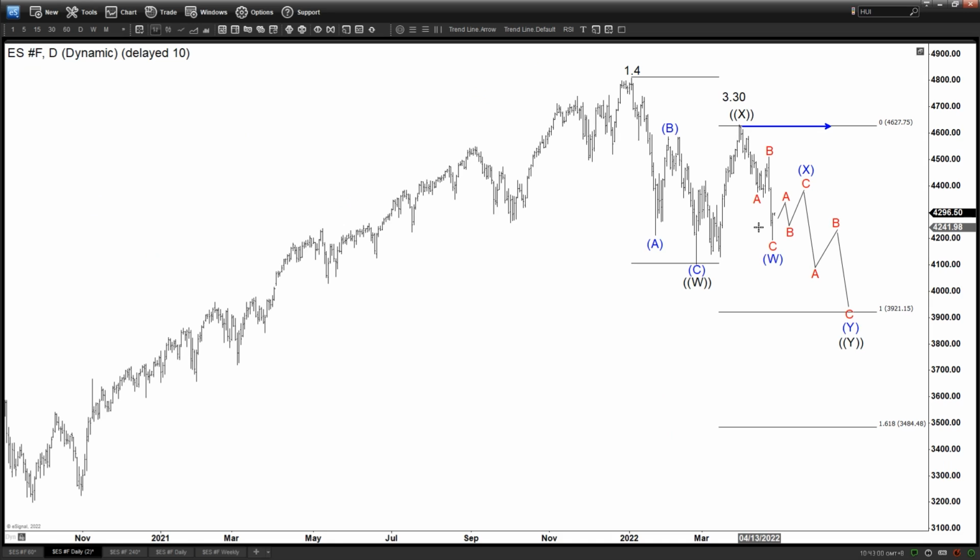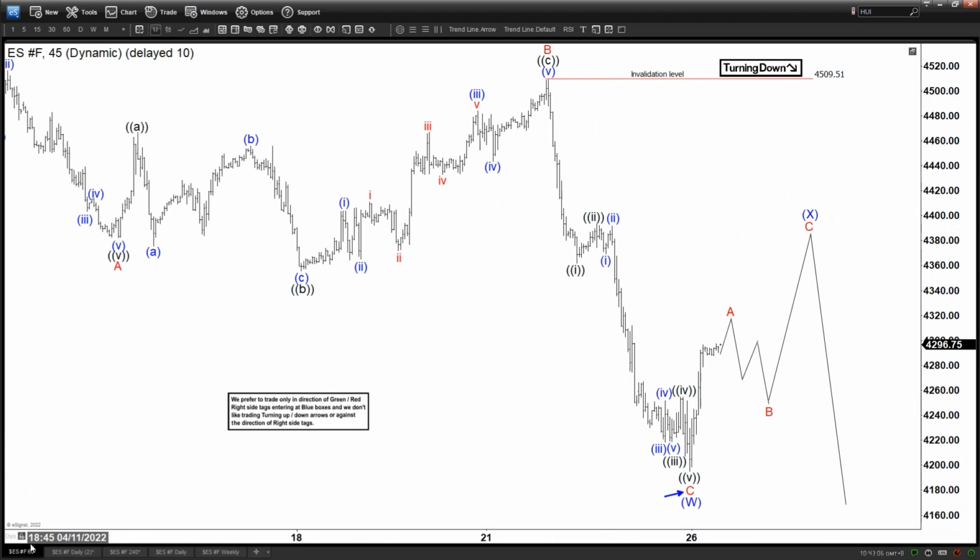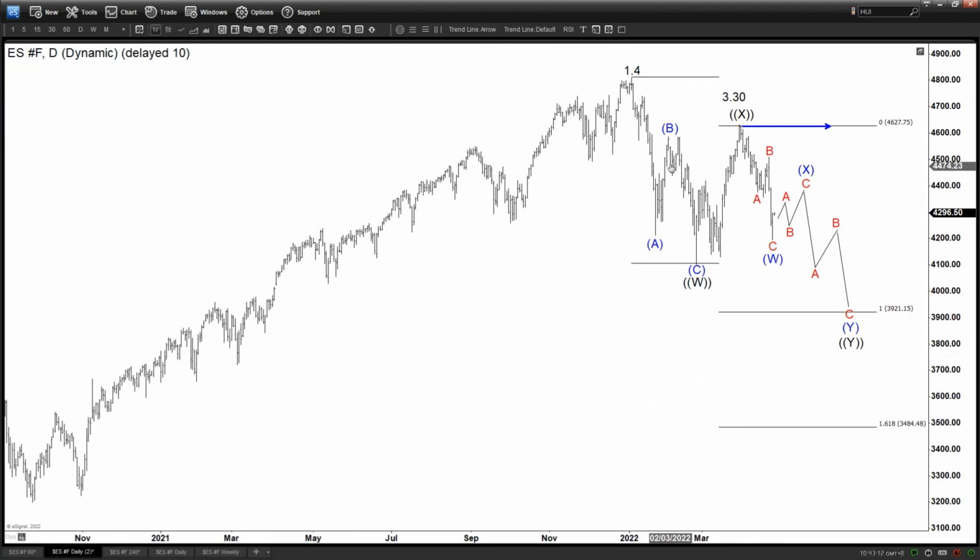Now what can be the alternate? Well, the possible alternate while maintaining the bearish view is that we actually extend lower right away. If we extend lower right away, that means it's not an X finishing here because it's going to be too shallow.